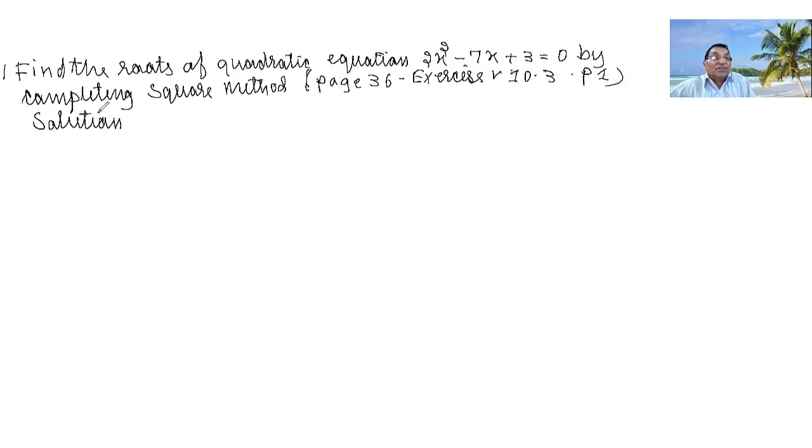You write the given equation in the form of ax square plus bx plus c equal to 0, the standard form: 2x square minus 7x plus 3 equal to 0. Compare this with the standard equation ax square plus bx plus c equal to 0.